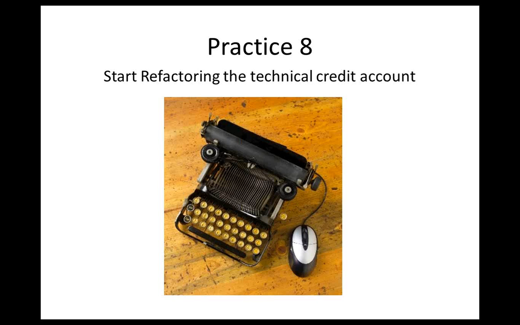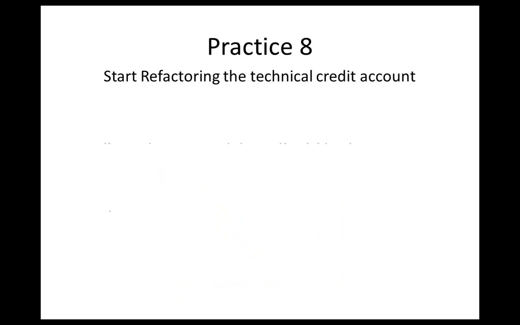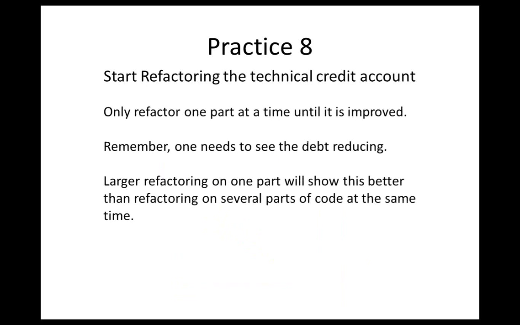They only want to add some additional features. In that situation, it says that we start refactoring. So let's elaborate. Only refactor one part at a time until it is improved.